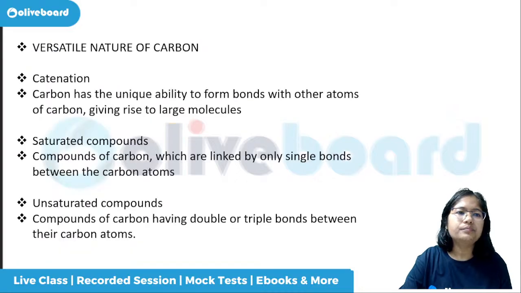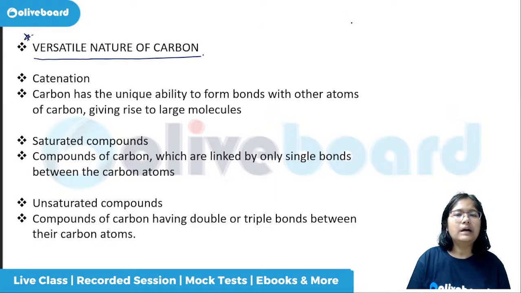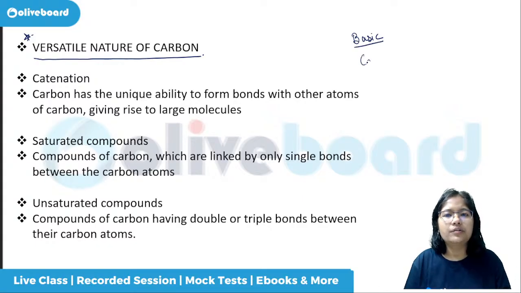Okay. Now, coming to the next point, that is the versatile nature of carbon. So a quick recap: we have studied the basics of carbon. Then we have studied a little bit about the structure, and that because of the formation of covalent bonds, they will be poor conductors of electricity.